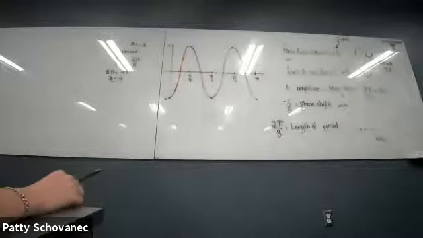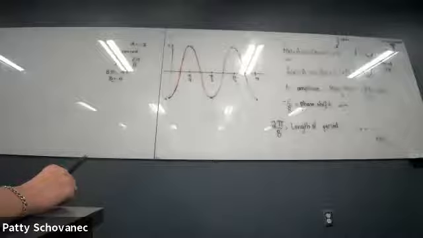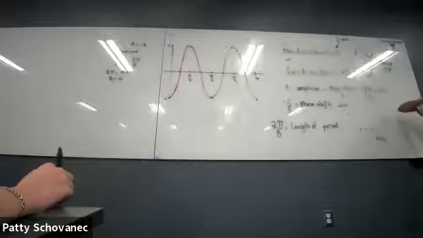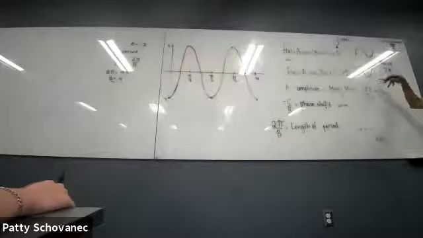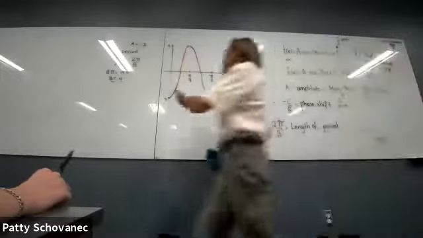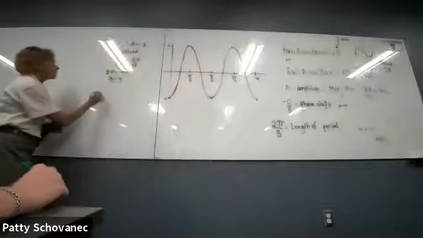So B is 4. All right. Has this been shifted left or right? Well, no, because this point here is typically when X is 0 and Y is 1. We just flipped it upside down. So it still begins and ends its period at 0. So there is no phase shift.